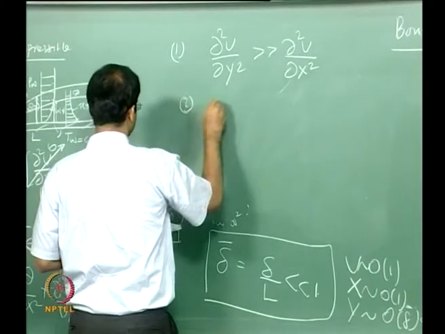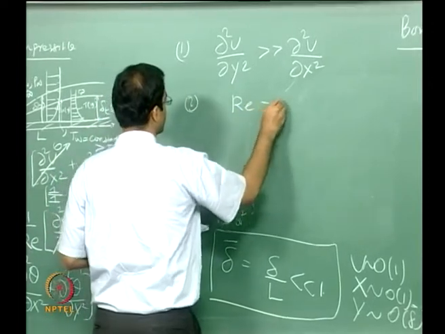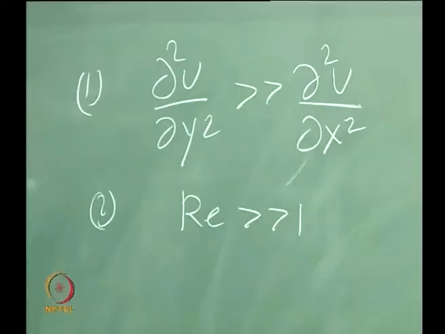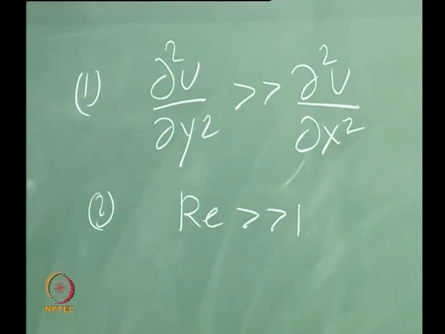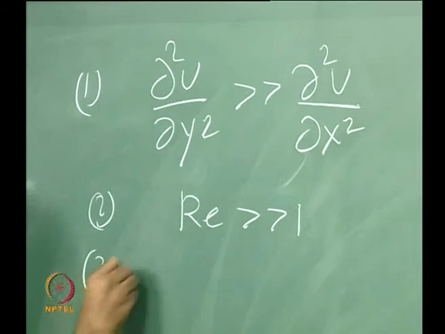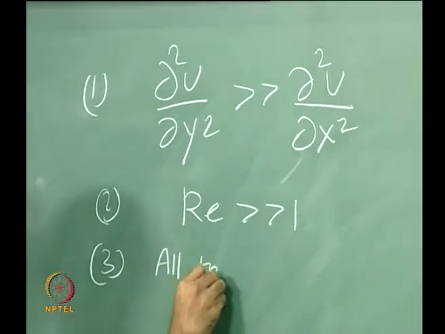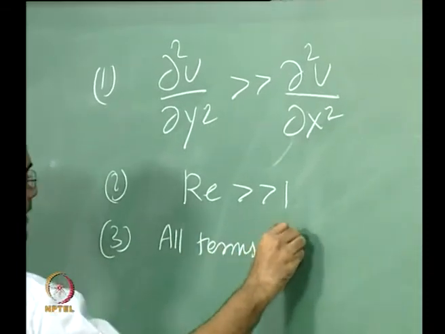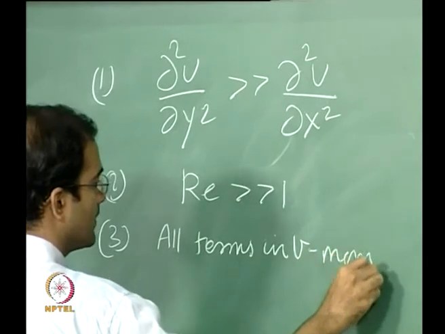Second, your Reynolds number should be quite high, much greater than 1. And number 3, all terms in the y momentum equation are negligible.